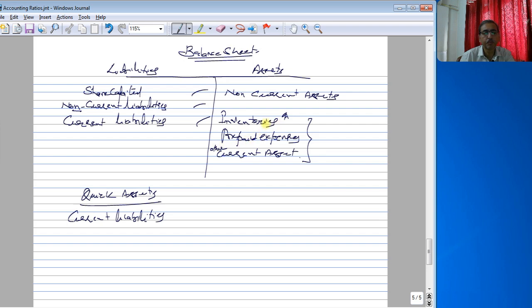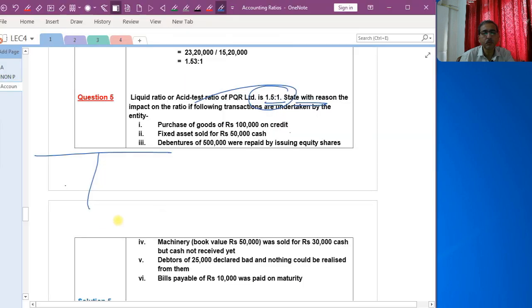So inventories will go up and current liabilities also will go up, but in quick assets we do not include inventories. So this will remain as it is, no change at all, but current liabilities will go up. So the impact will be that the ratio will go down, because quick assets remain the same but current liabilities are increased.